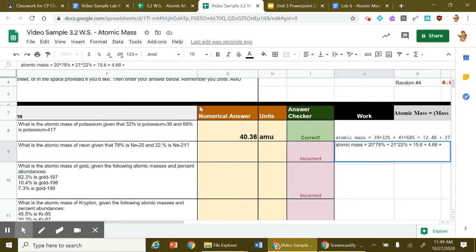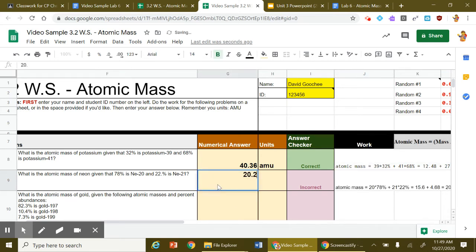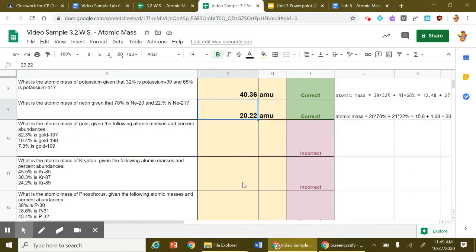Add those two together, 15.6 plus 4.68, and I get 20.22. All right? 20.22 AMU. Once again, the answer was somewhere between 20 and 21, because those were the low and the high mass numbers, and it was closest to whatever I had the highest percentage of, okay? Let's take a look at number 3 right now, okay?